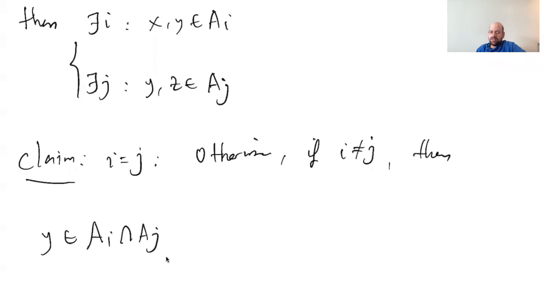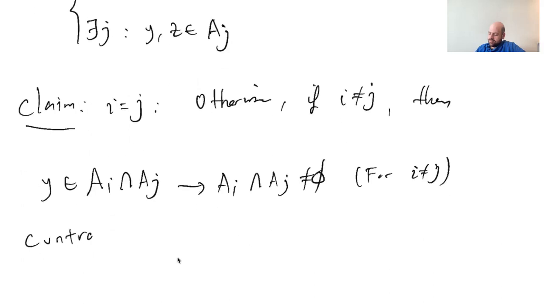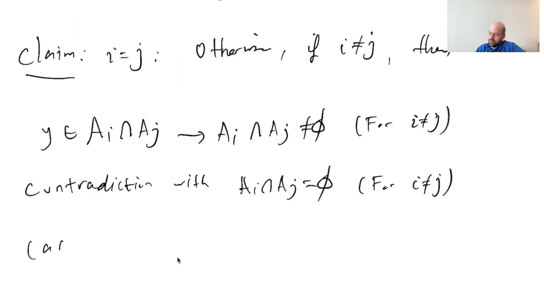And if I is not equal to J, that will be impossible and a contradiction, because I am supposed to have AI intersection AJ equals empty set for I not equal to J. So this implies that AI intersection AJ is not equal to empty for I not equal to J, and this is a contradiction with AI intersection AJ must be equal to empty set, again, for I not equal to J, according to the definition of a partition.